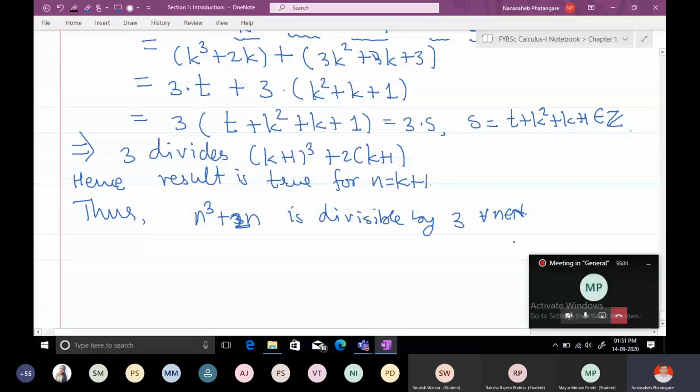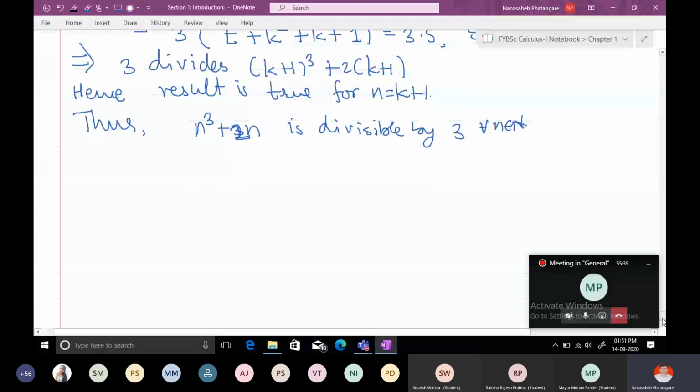So I will give you many examples for homework. I will upload them on Google Classroom or our Teams also, but you can try to prove this. Prove that 3 raised to n is greater than n square for all natural numbers.